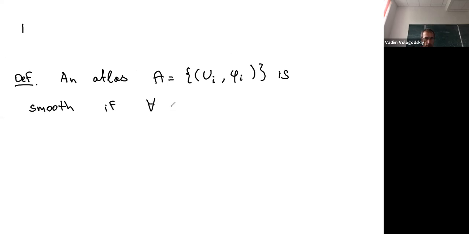For every i and j, the compositions phi_j composed with phi_i inverse are smooth.